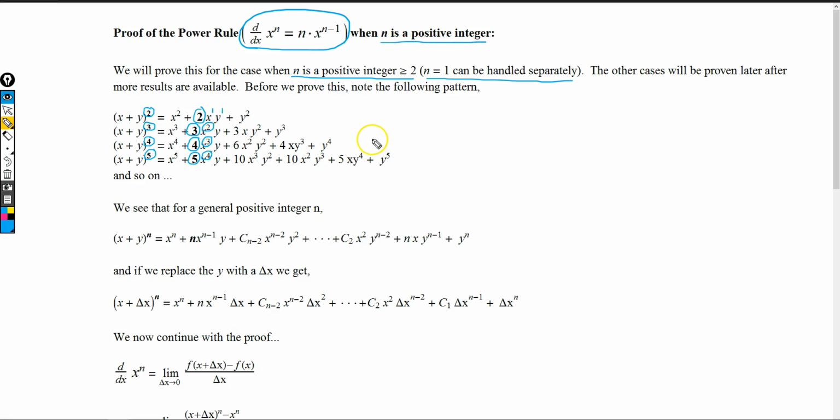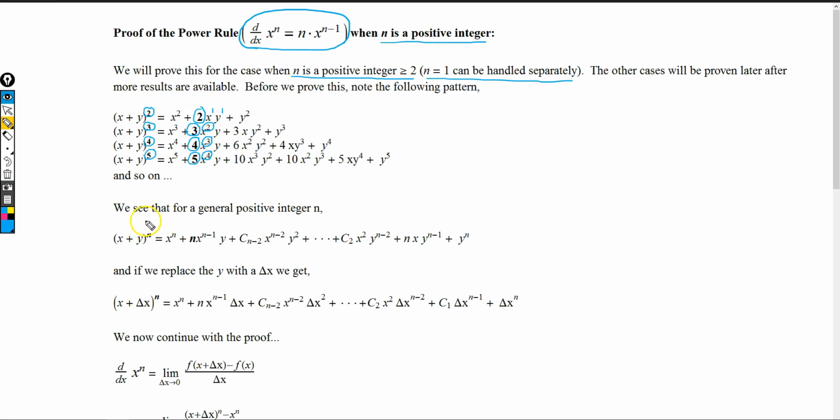That's a very interesting thing to look up if you're interested. You can recover these coefficients by looking at a triangular pattern of numbers. Very interesting, but we don't need to look at that right now. We just need to notice this pattern with those coefficients: 2x to the 1, 3x squared, 4x cubed, 5x to the 4th.